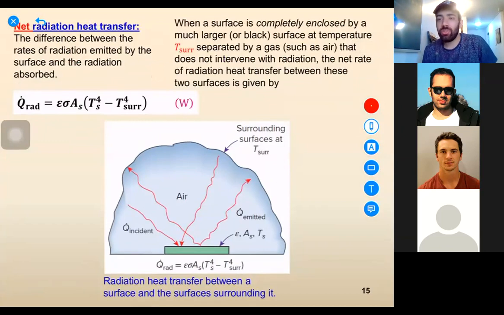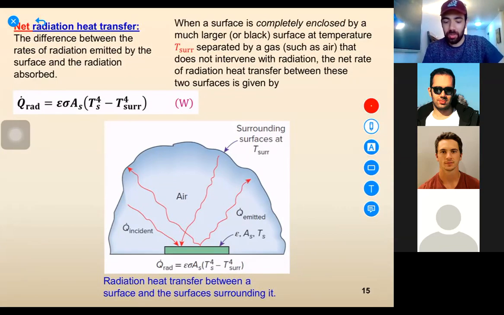The net radiation heat transfer is basically the difference between the radiation of two objects that are completely enclosed in a very big area.